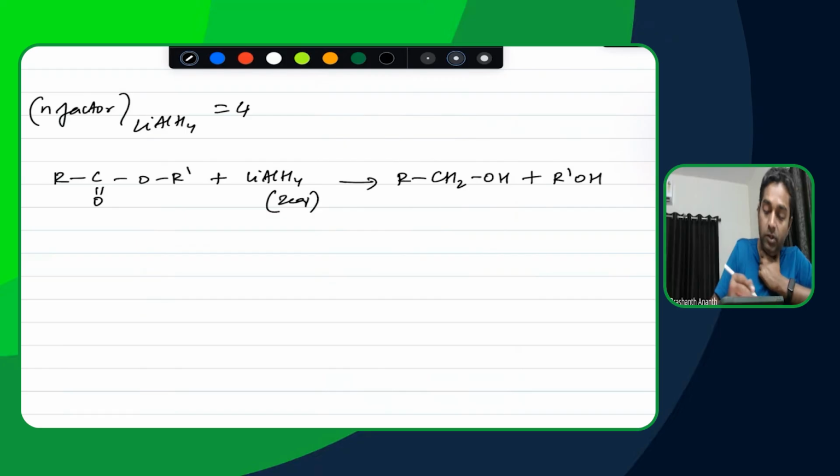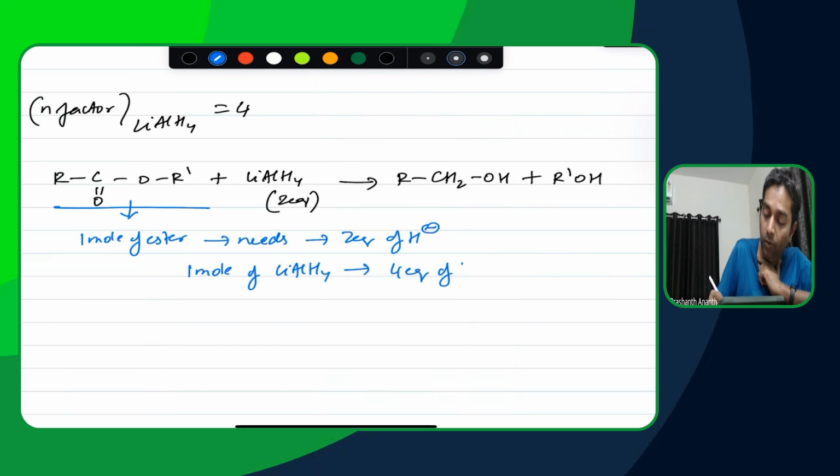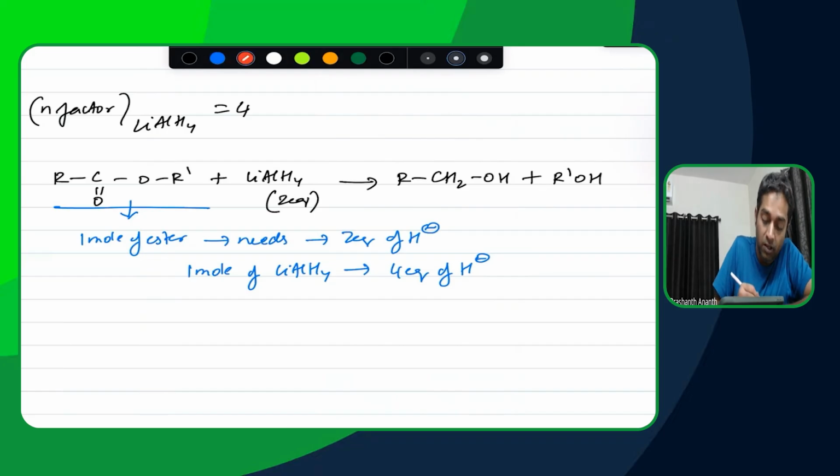And how many moles will we be having, balancing wise? 1 mole of ester requires 2 equivalents of H minus. 1 mole of LiAlH4 can provide 4 equivalents of H minus. So what will happen now? That means you'll end up having, balancing wise, 2, 2, 2.